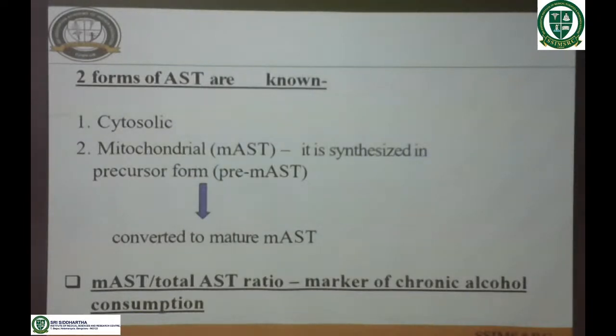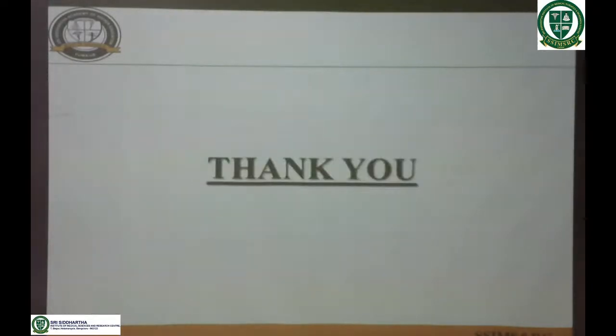The mitochondrial AST to total AST ratio is a major marker of chronic alcohol consumption. So for the analysis of chronic alcohol consumption, we go for the mitochondrial AST to total AST ratio, which acts as a major marker for its identification.